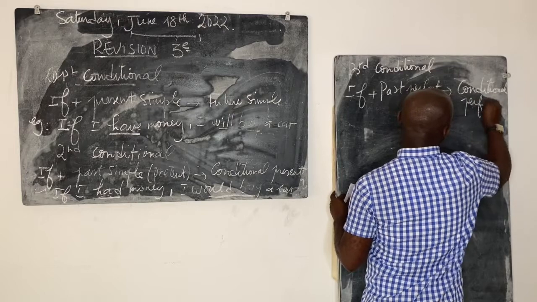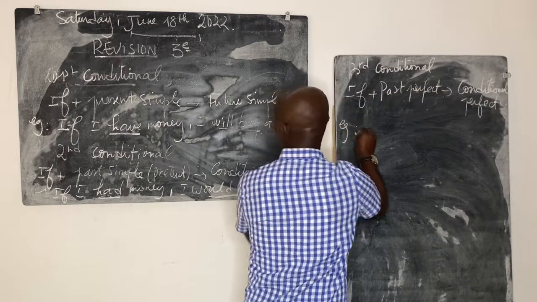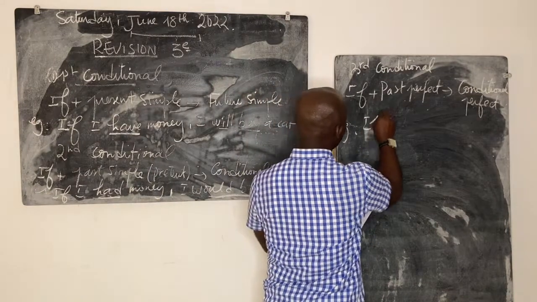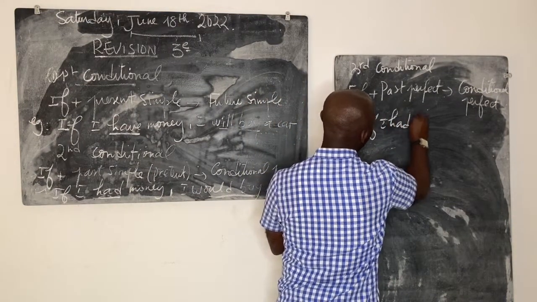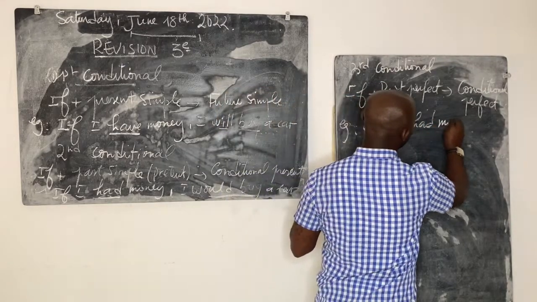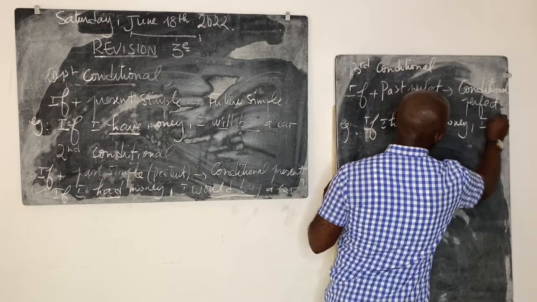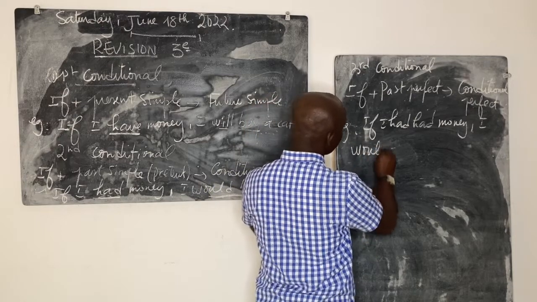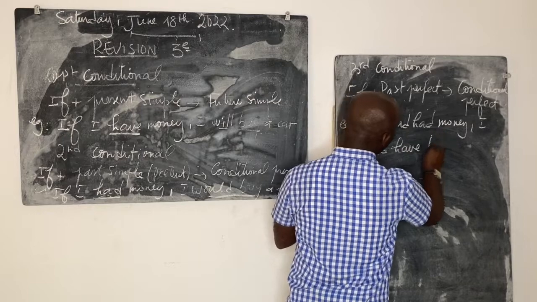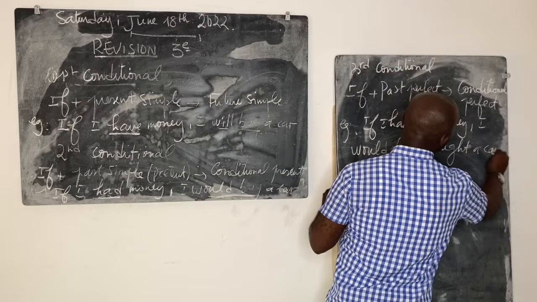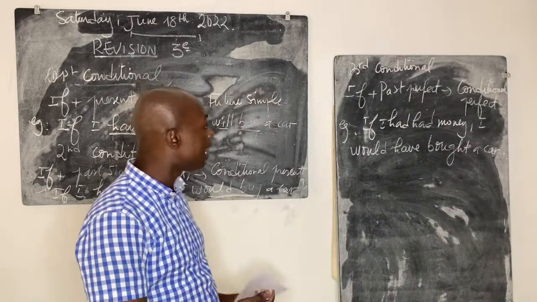Example, for the same example, it's going to be if I had money, I would have bought a car. This is what we saw last time.